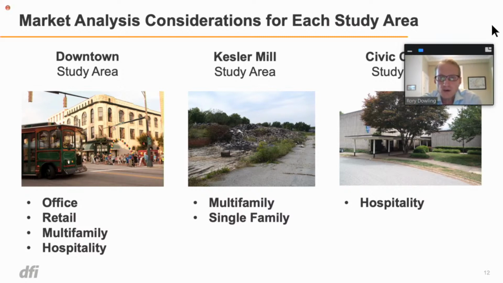We understand that there are challenges with the existing structure as far as what it would take to build it up to code, and there's significant costs associated with that. So we wanted to look at just the development potential of the site, leaving the existing center in place in case the city does choose to upfit it, but also consider demolishing that structure and what that would do for the site's potential.